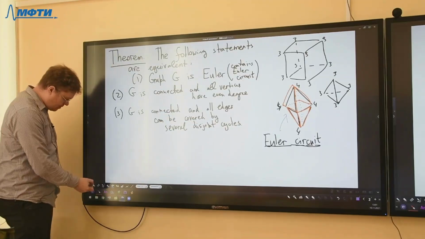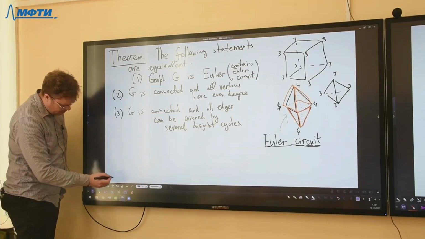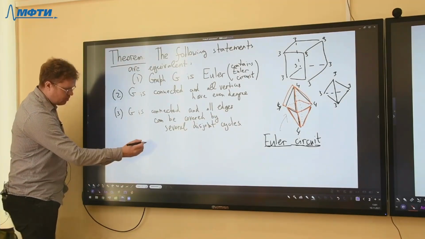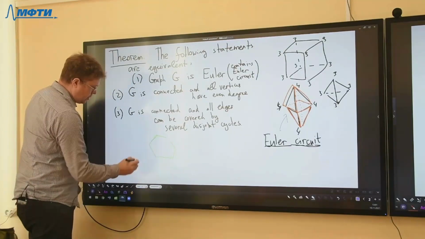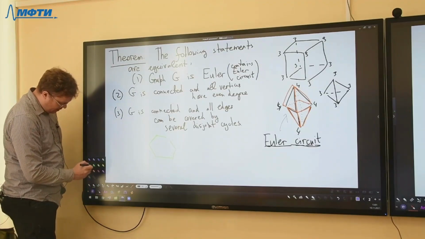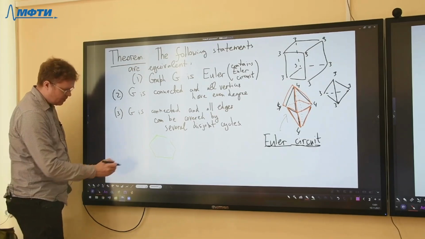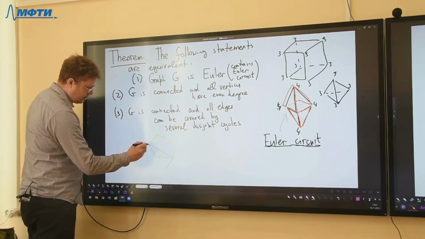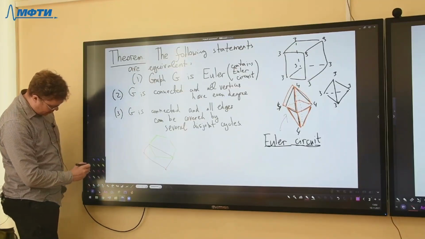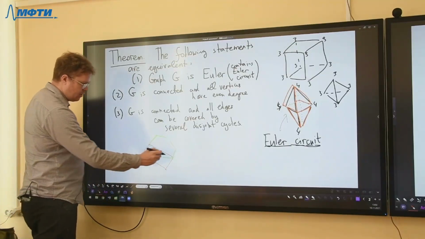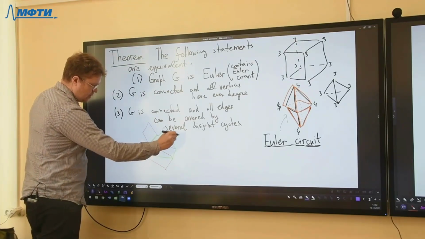So for the last statement, it means that, for example, we just have one cycle, a second cycle, and so our graph is just the union of several disjoint cycles.